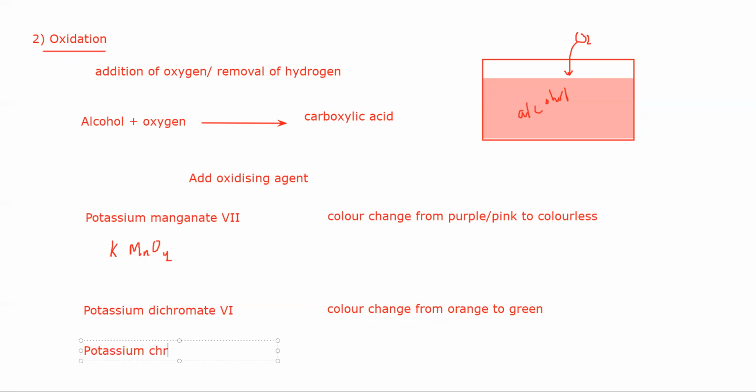You don't have to learn the chemical formula, just the name. Potassium chromate 6. It will change color from yellow to green.